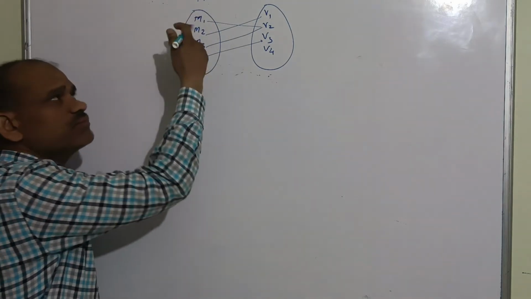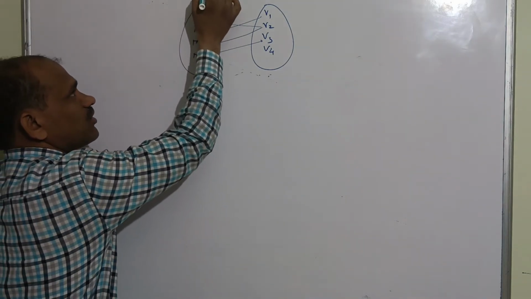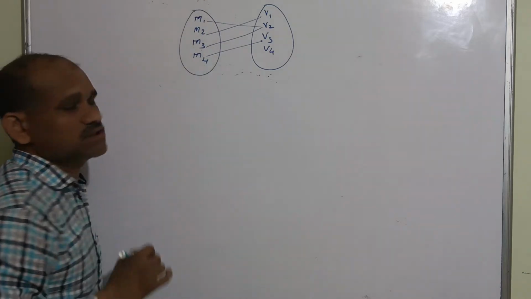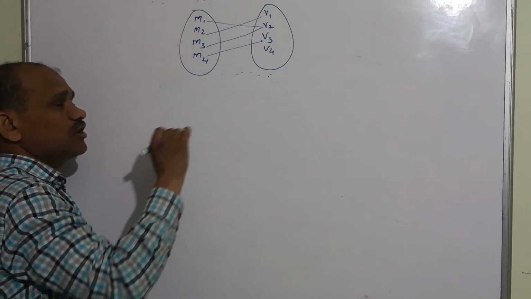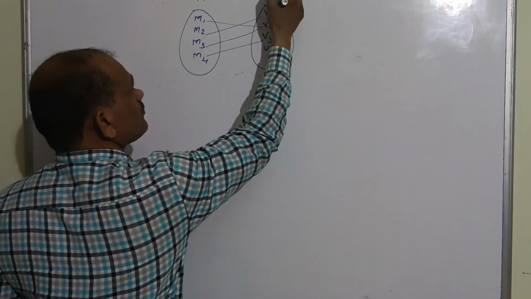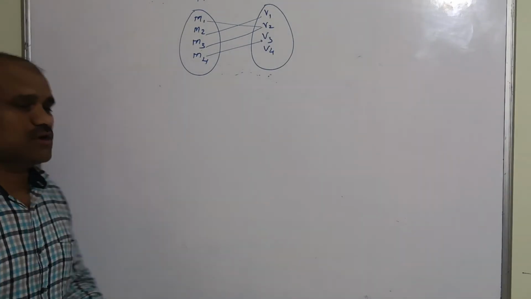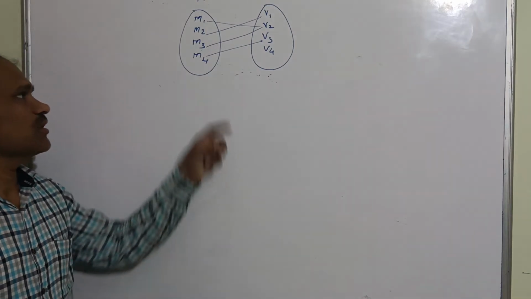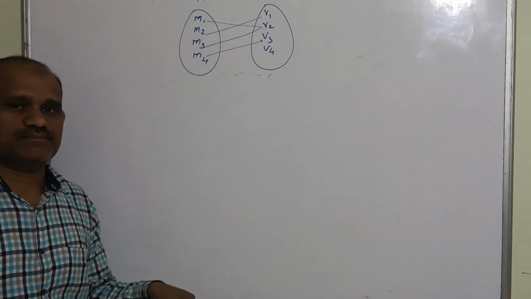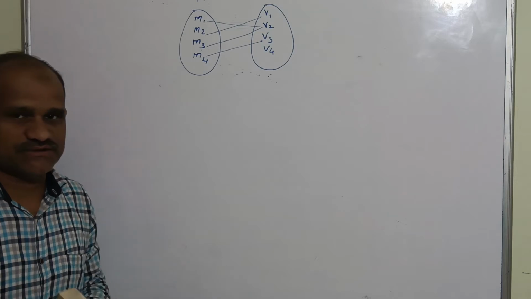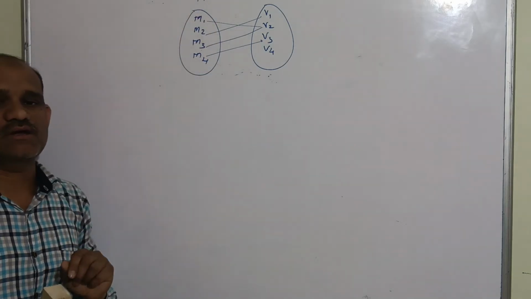Every element of the set A, or here we have taken M, is related to one and only one element of the set B. We know every man has a village in the set A.